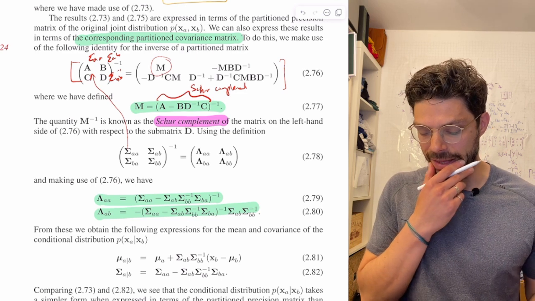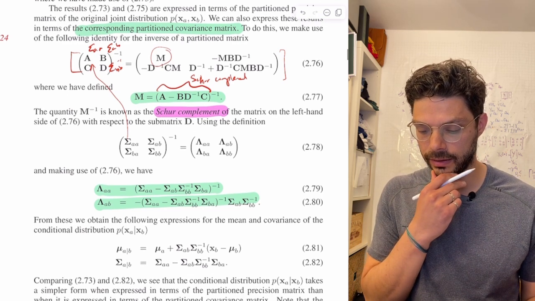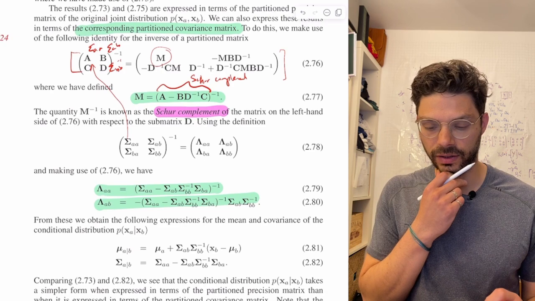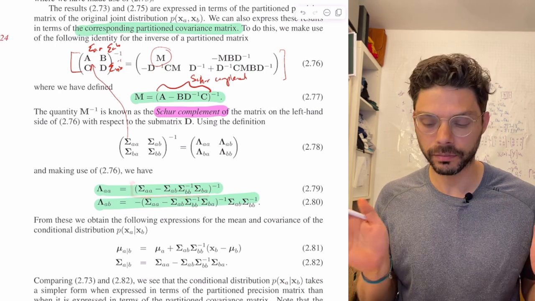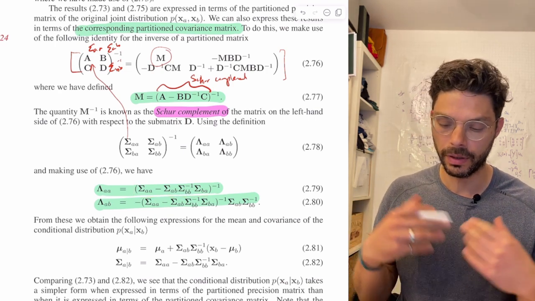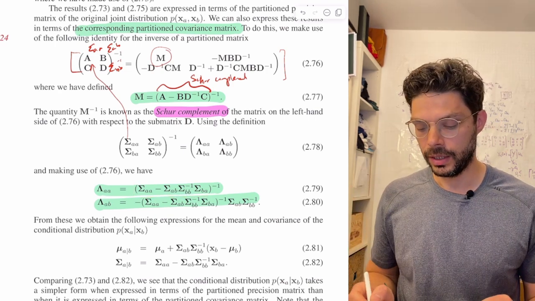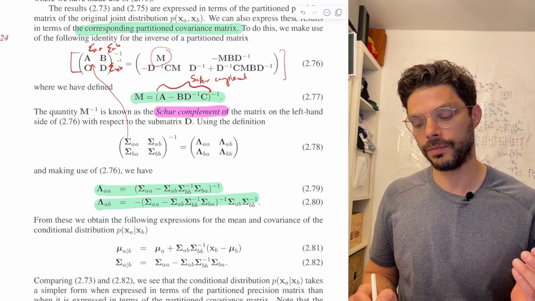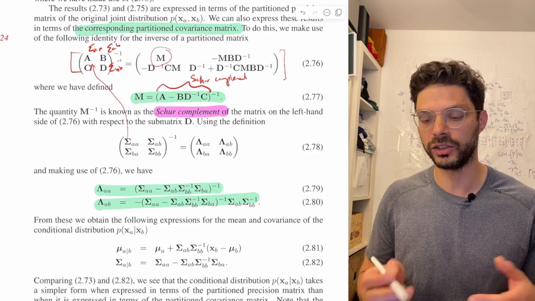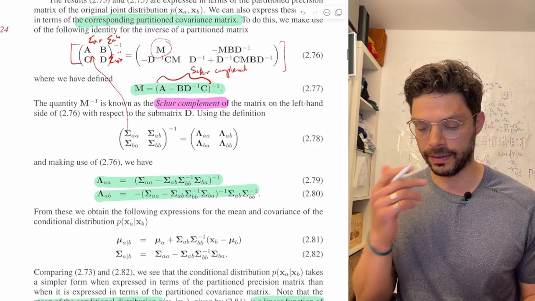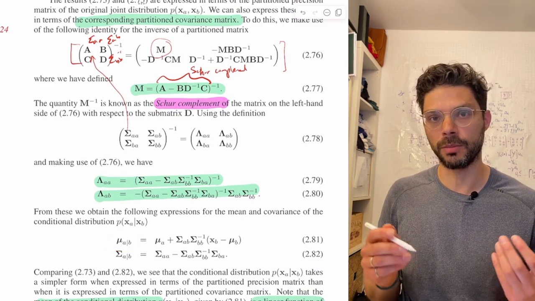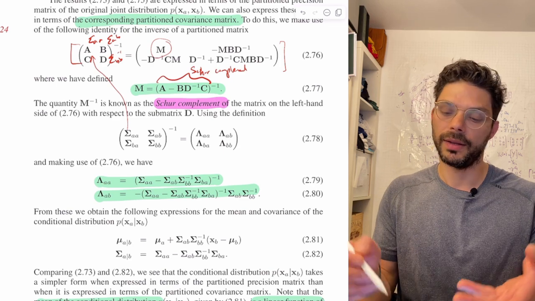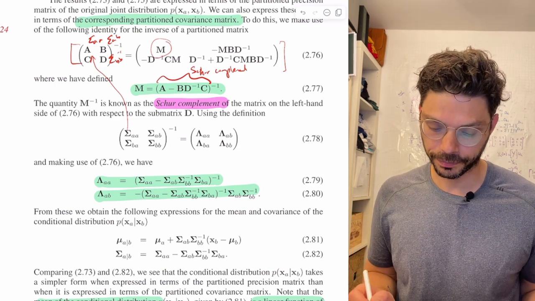I wouldn't say I find these expressions intuitive. If I find a good intuition for them, I will relate it to you. It's just good to know they exist, and what it's called, you can just look it up. If you want to express these in terms of your original covariances, this is the way you do it.